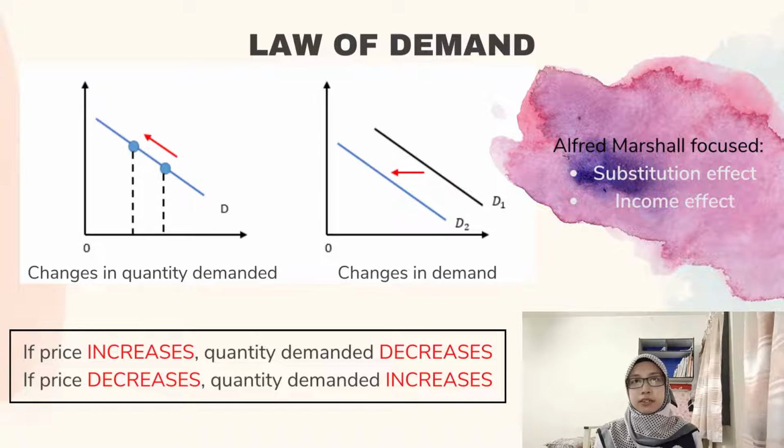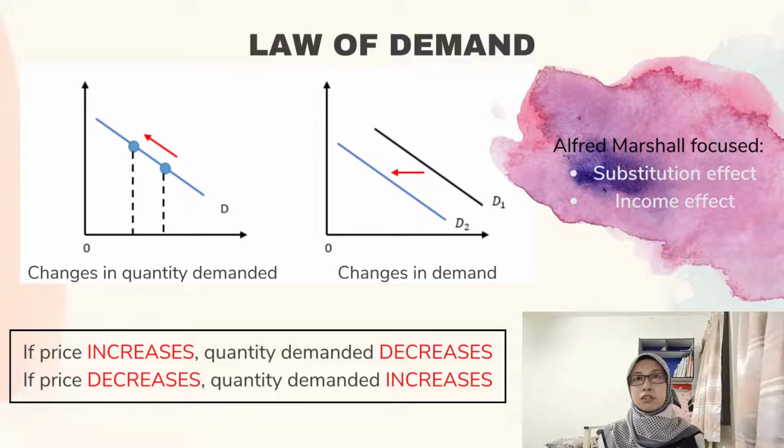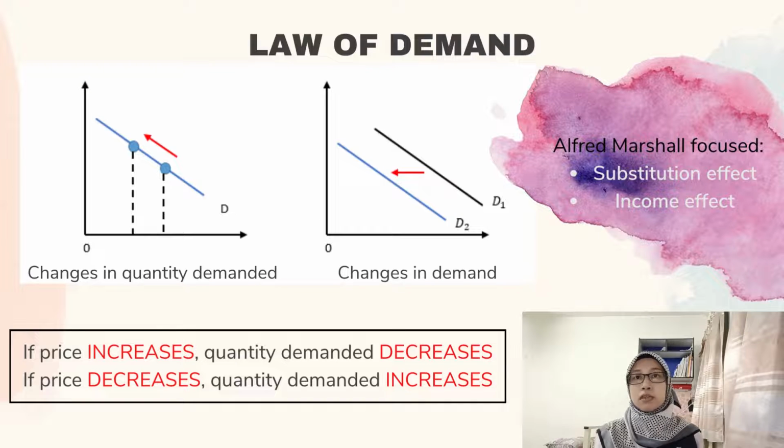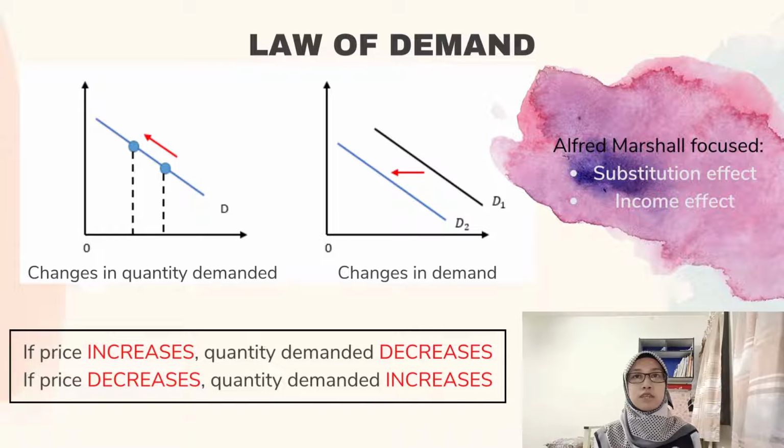Next is the law of demand. Marshall's law of demand follows his notions of diminishing marginal utility and rational consumer choice. There are two types of demand. The first one is quantity demanded, where we see the movement along the demand curve. Second is the demand curve, where the demand curve shifts either to the left or to the right. There is a negative relationship between price and quantity demanded.